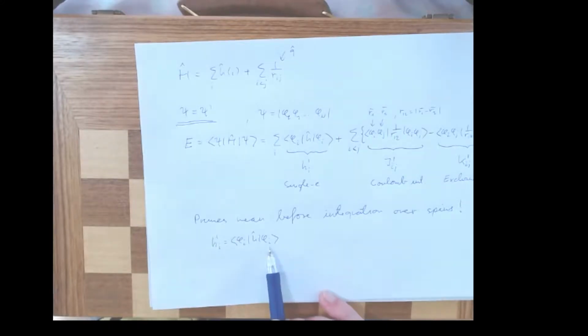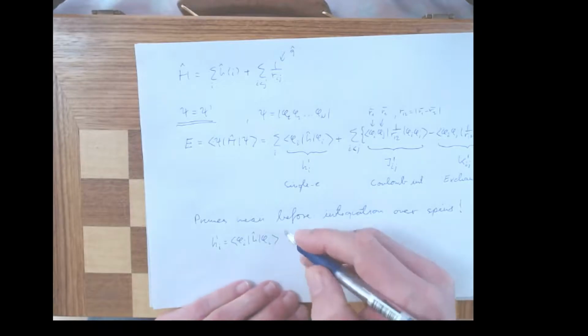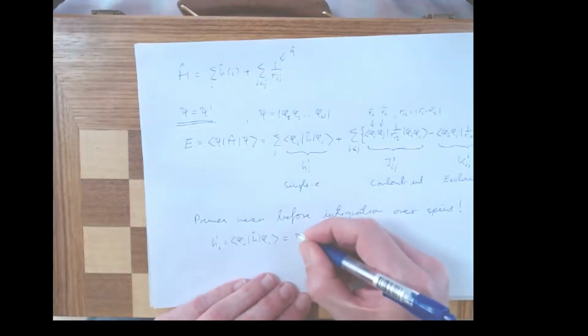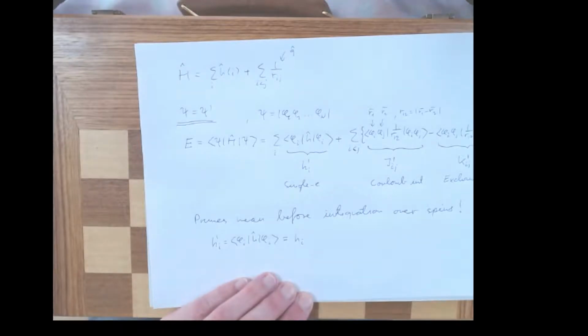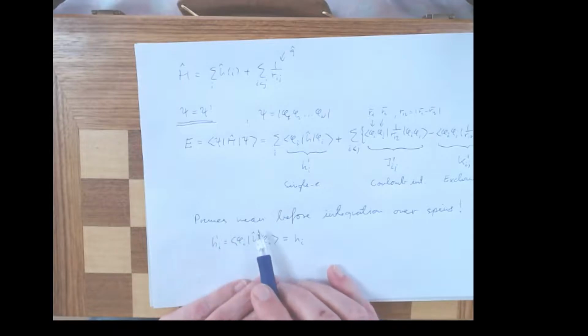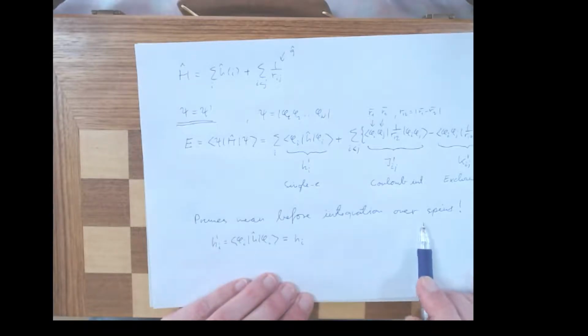If not, spin integration gives you 0. Spin states are orthogonal. But in this case, I of course will always get 1 because I have identical states to the left and right. So obviously this state and this state must have the same spin state, and spin integration will always give me 1. So I can simply say that this would be the same as h_i without a prime. Without prime, of course, means after spin integration.